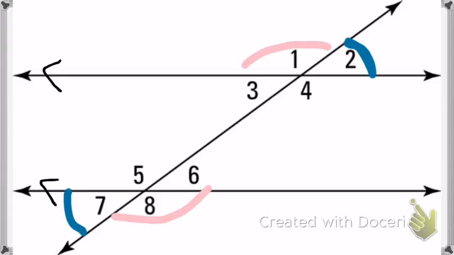And you see that those are equal too, because if we were to swing this up and around, the 7 would fall where the 2 is, and the 8 would fall where the 1 is. So if we swung it around and slid it up, they would be equal to each other.